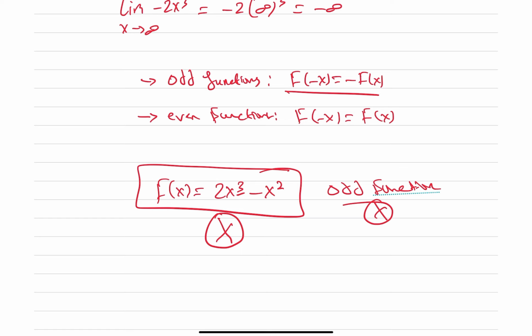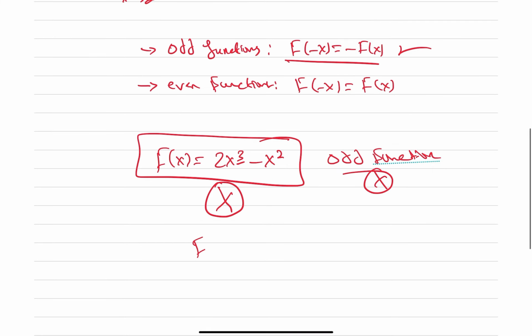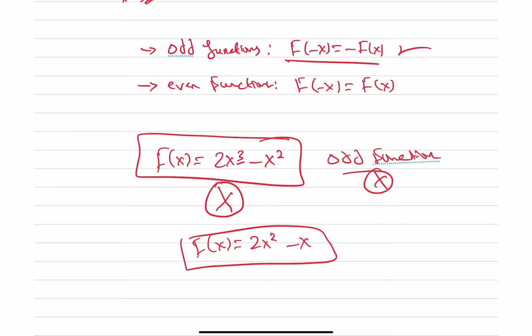No, you need to test this out. Same with even functions. If I have f of x equal to 2x squared minus x, this is not an even function. Not just because the degree is 2 means that this function is straight away an even function. No, that's not how it works. You need to test it out as well.